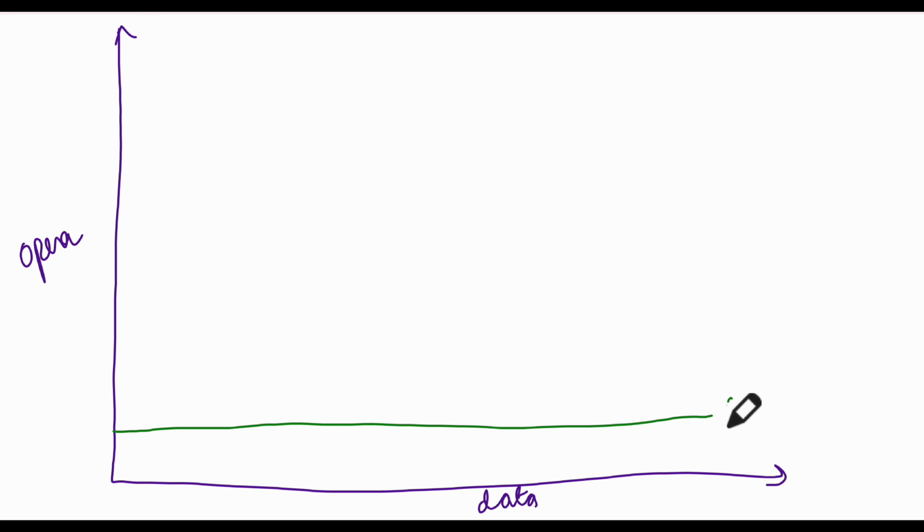So far we have seen that, so let's say this is my graph, this is my data size, and this is my operations. So what happens, we knew that the constant time was this, O(1), and this is O(n).